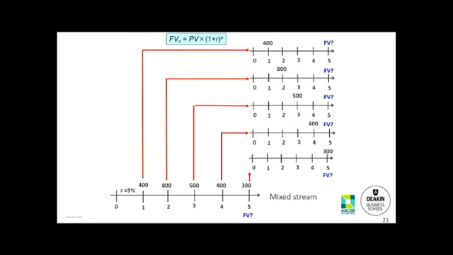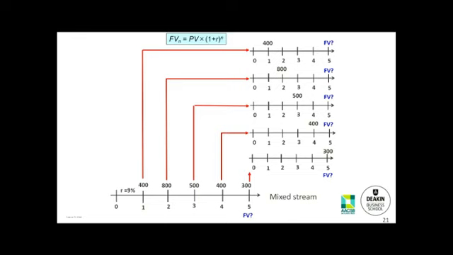Let's work it out one by one, step by step. First of all, your first cash flow is $400. Now look, I want to compound this $400 to year 5. Do you agree? How many compound periods from year 1 to year 5? If you are not sure, let's count it.